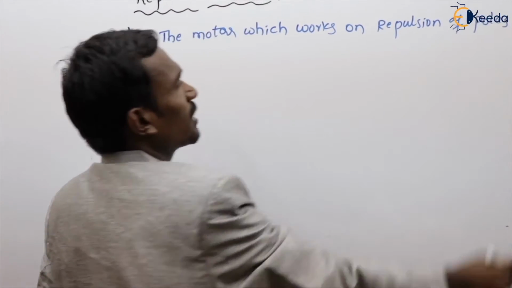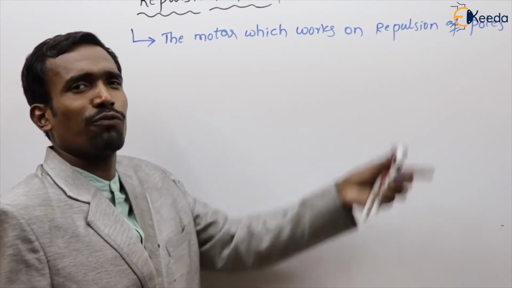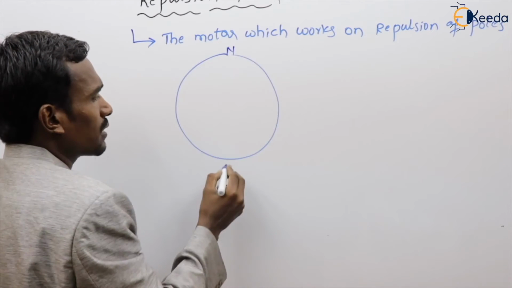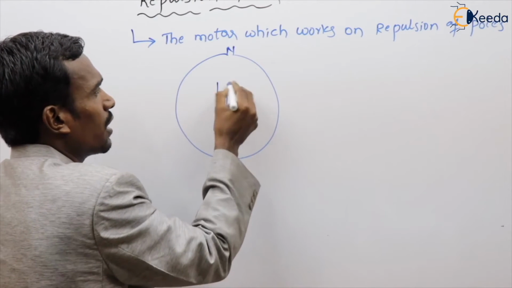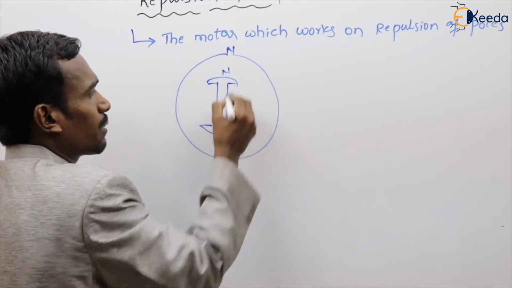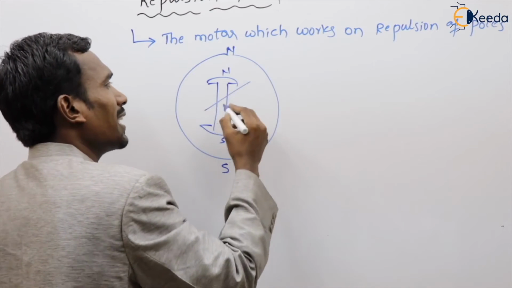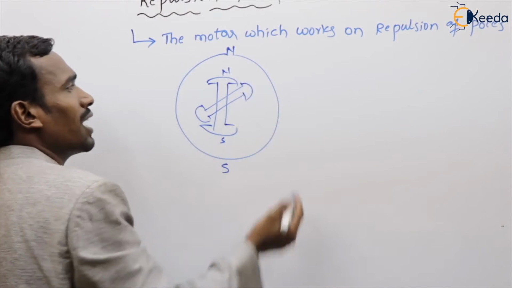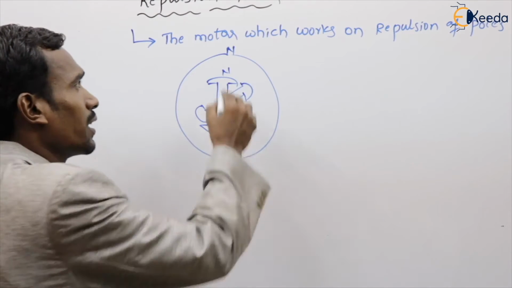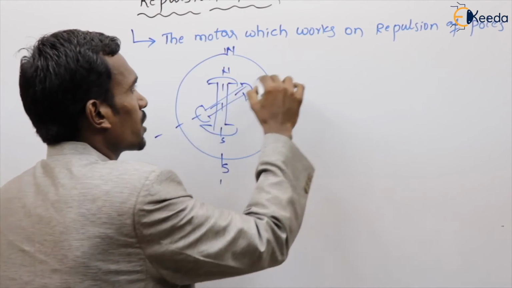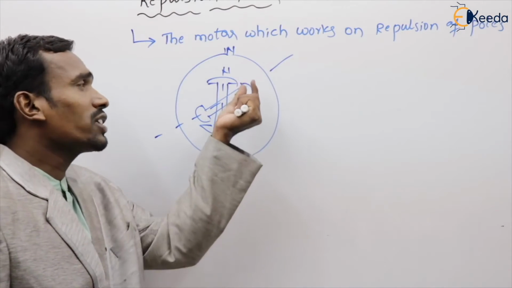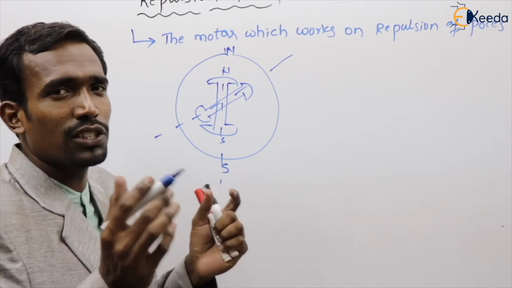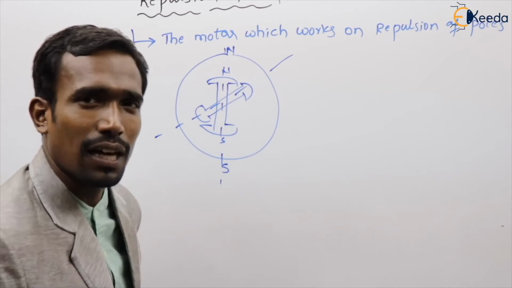Here we have stator poles as well as rotor poles. Due to repulsion action, the rotor poles are repelled by the stator poles. Based on this action, the motor works. So the repulsion motor works on repulsion of rotor poles with the stator poles.